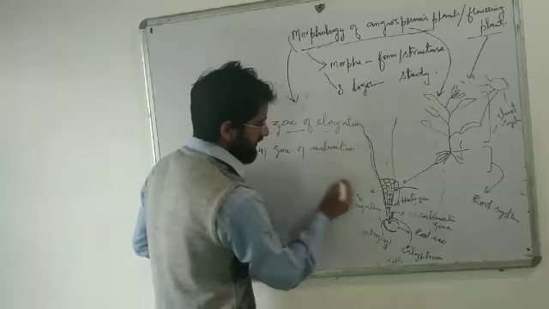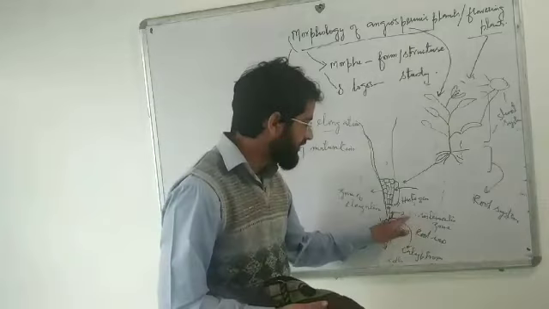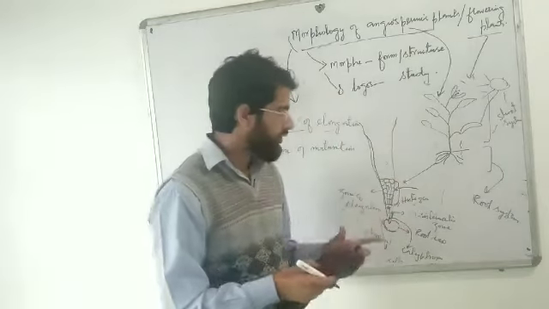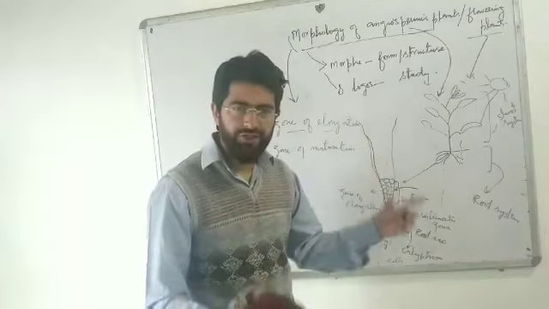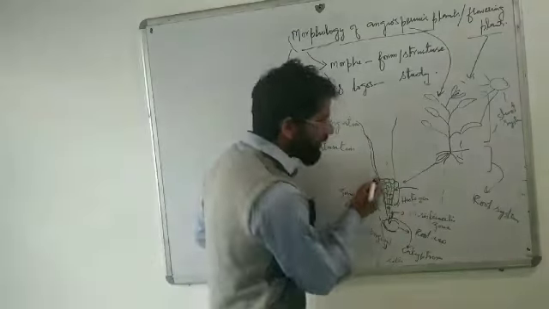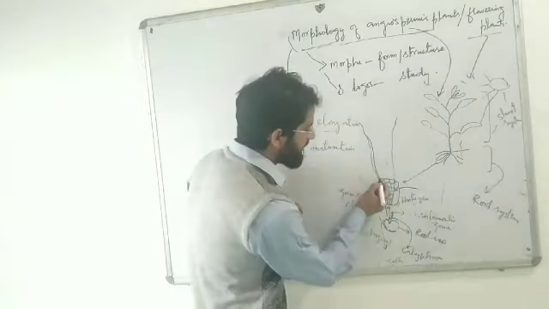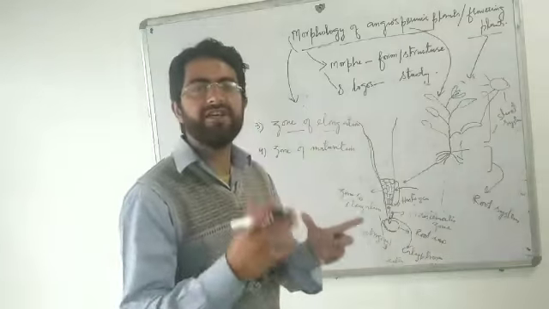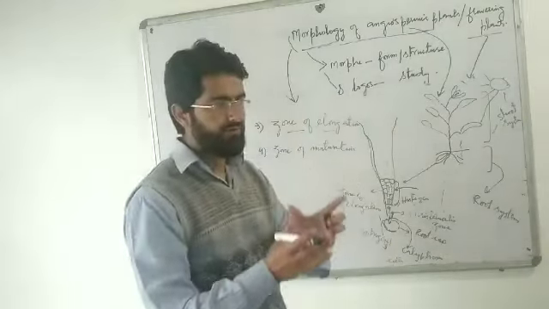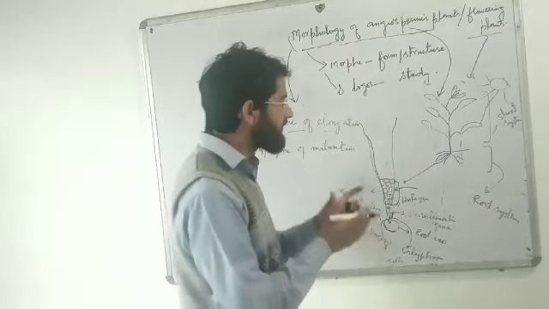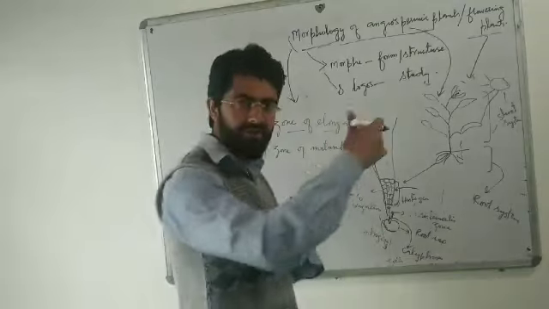Zone of maturation. Now cells first formed in meristematic zone, they get elongated in size, accumulate high content of cytoplasm, have active nucleus, and after that they have to perform different functions within the root. And thus that means they have to get modified or differentiated in different parts. That means some cells will form xylem tissue, some will form phloem tissue, some will form cortical cells, some will form epidermal cells.